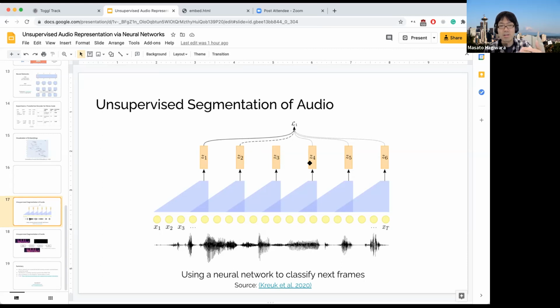And what it learns is to model what type of sound persists and when the sound changes between phonemes or words.